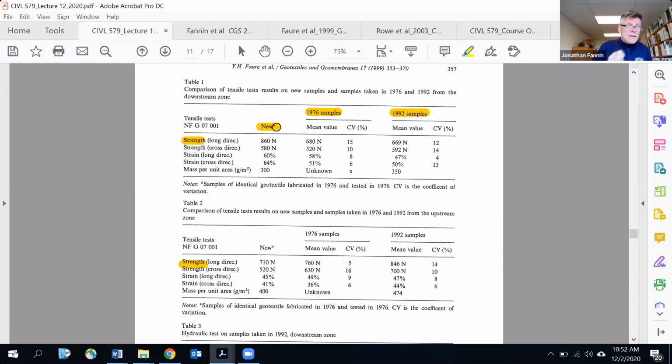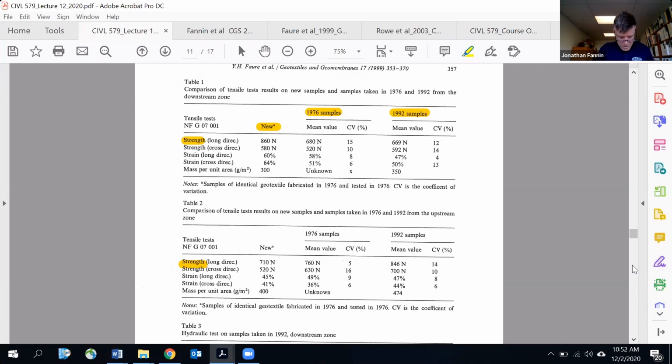So once again, I'm in the same boat. We never archived materials at the time of construction. We didn't test materials at the time of construction. So it's exhumed 1976 compared against new material, happened to be acquired in 1976, and exhumed in 1992 compared. And there are data for strength.